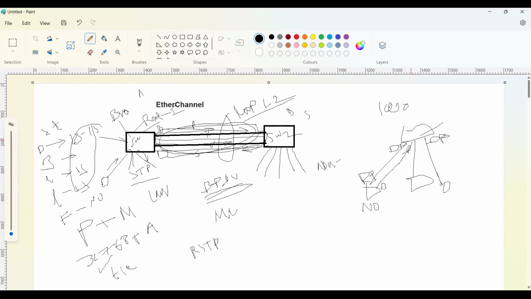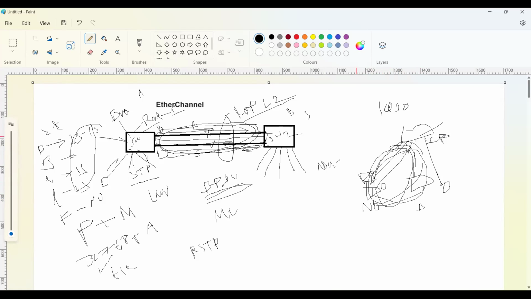Blocking state with this switch connected. If connected differently, it will be a different scenario. In these three switches, one will be the root bridge, another will have the RP, and one switch will block the information. Otherwise, a loop will occur in this topology too.